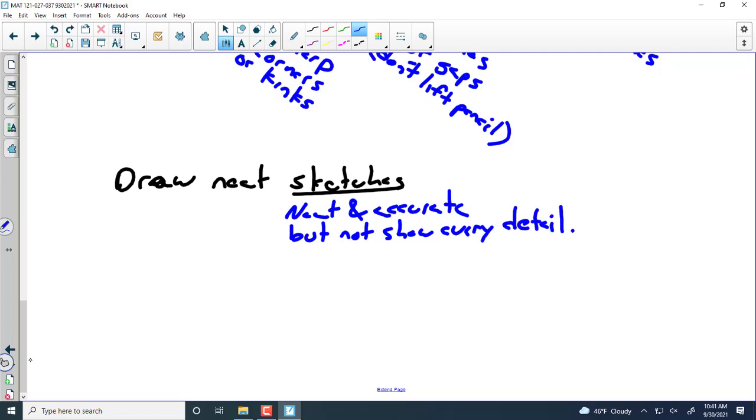I'm not going to keep a secret from you, I'm going to tell you why our graphs are not going to show every single detail. It's because some of the polynomials that we graph today have very high y values and very low y values, like y values that are up like 100. So we're not going to do so much scaling on the y-axis.